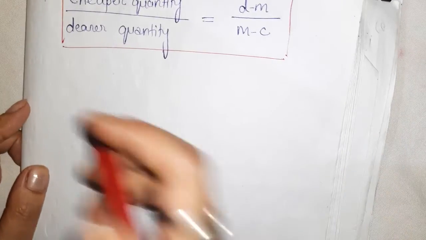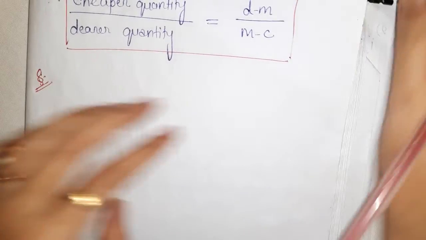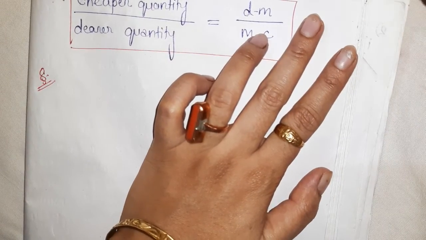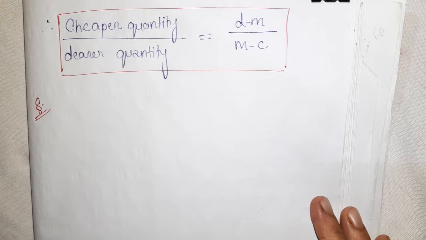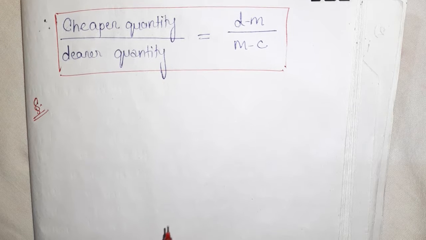Okay, next point we have: suppose a container contains X units of liquid from which Y units are taken out.